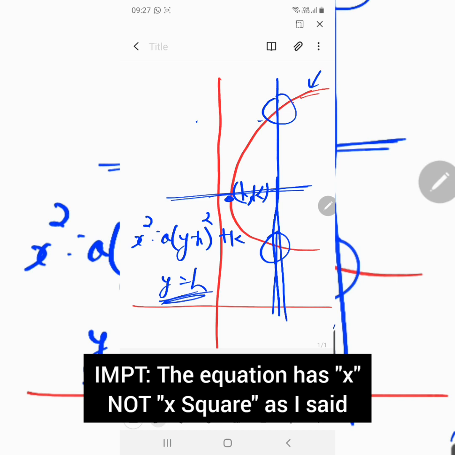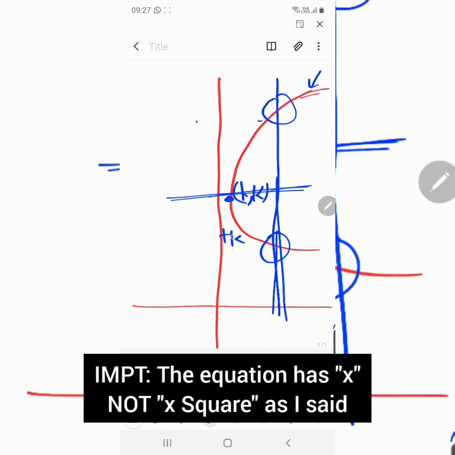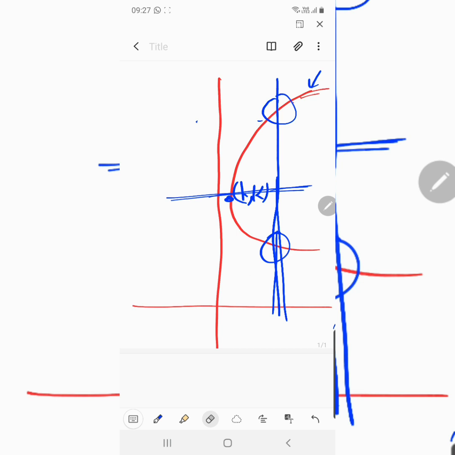Kind of a horizontal opening, right or left parabola. It's also cool, but it's not a function. Fails the vertical line test. That's that. More math to do later.